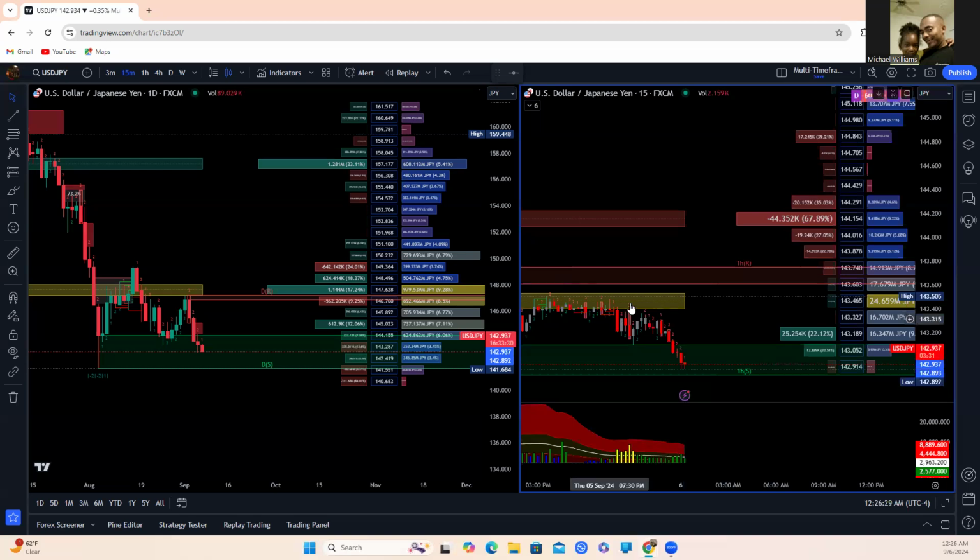Again, keeping in mind where that volume is. Obviously, we know volume is right here. So keep in mind, if you do a counter trend trade, price has a likelihood of reversing back to the direction of the prevailing trend, and this is a good area for that, or what have you.